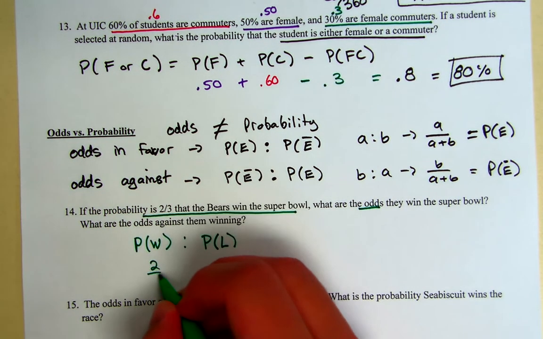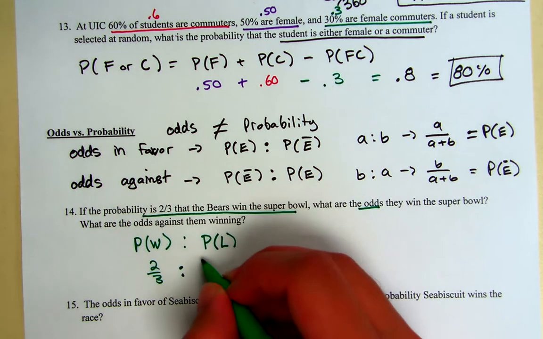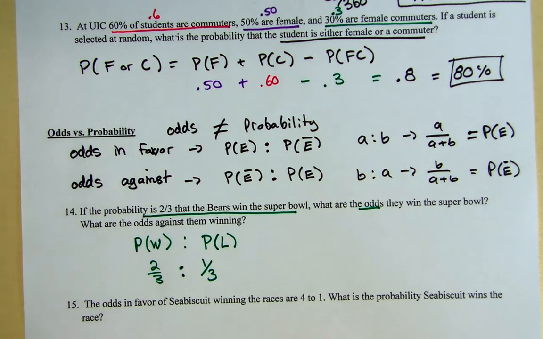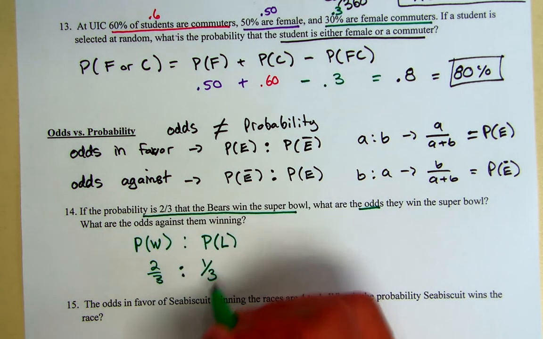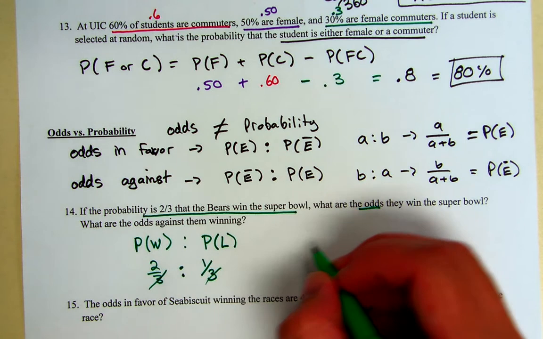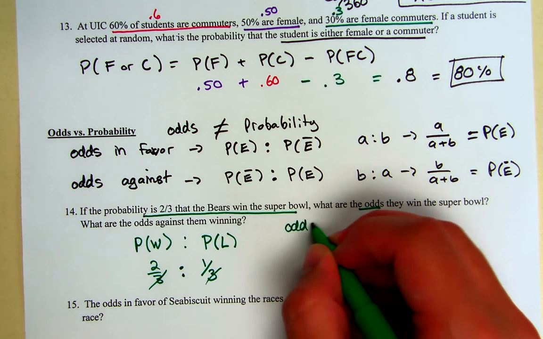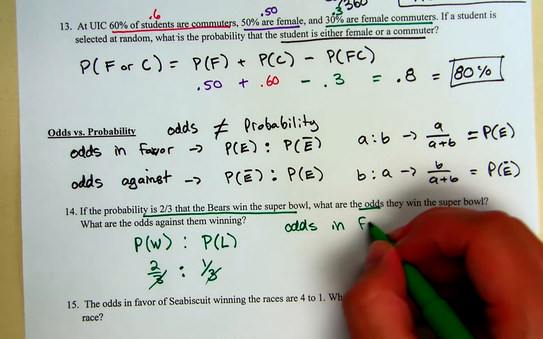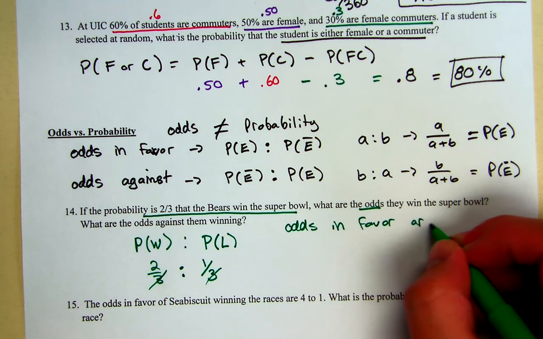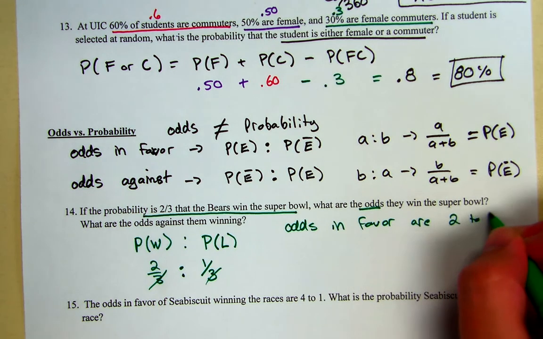Winning is 2/3, losing would be 1/3, since those two events go together. Since I have 3 and 3, those can go away, so the odds in favor are 2 to 1.